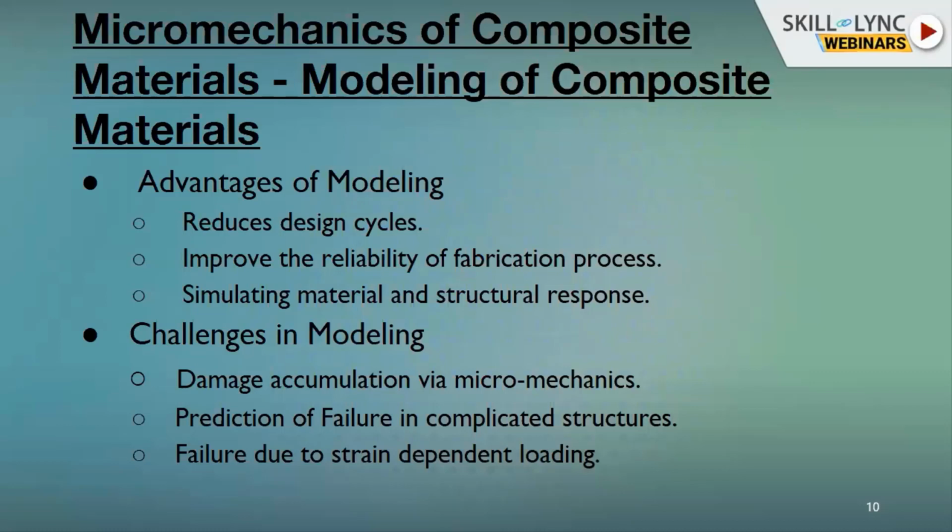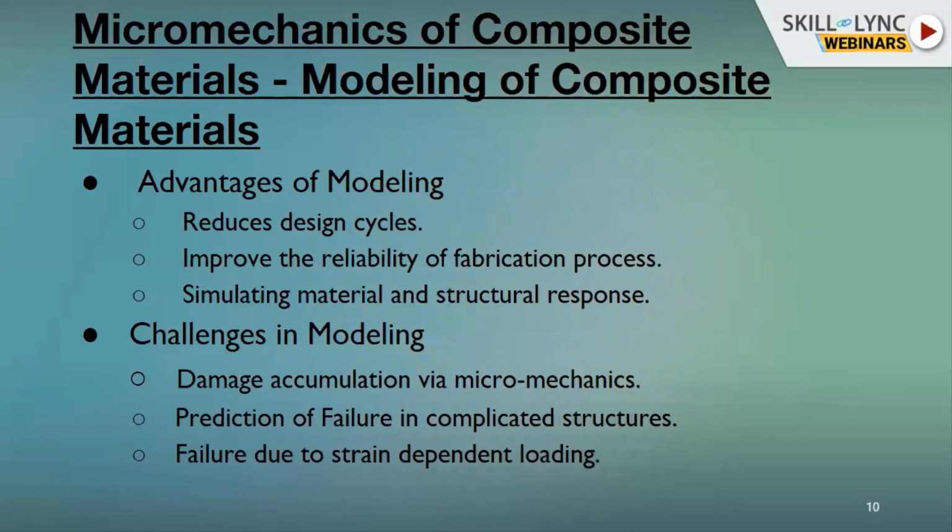That is mainly because the ingredients used in developing composite materials come from a very basic micromechanical approach, because we have a very small structure in that the fibers are at micro scale, whereas the overall structure of the composite will be in macro scale, but the damage accumulation will start at the micro scale.